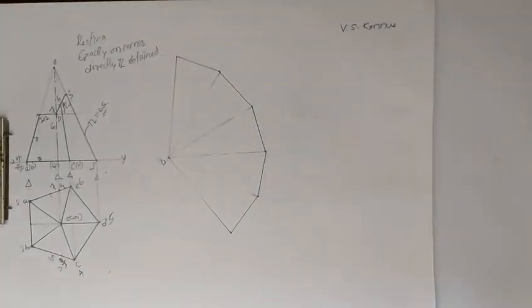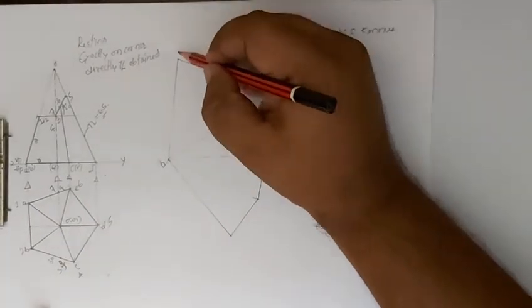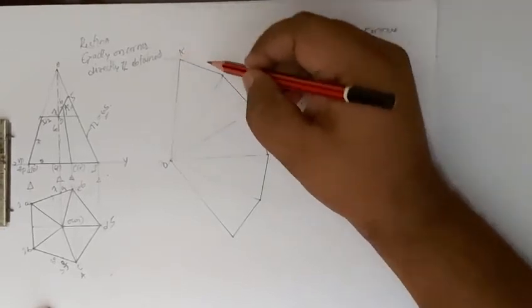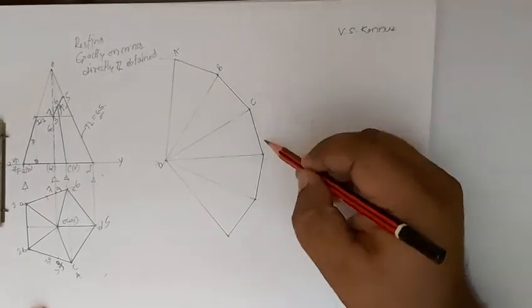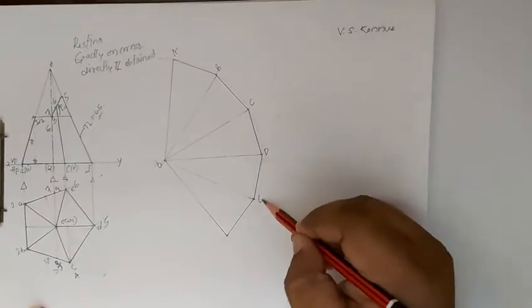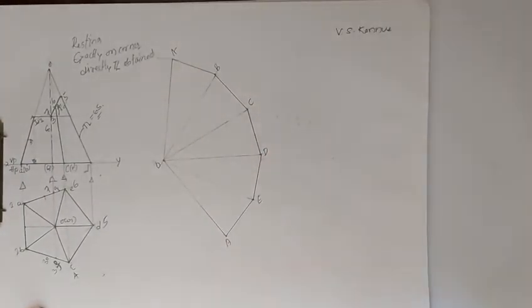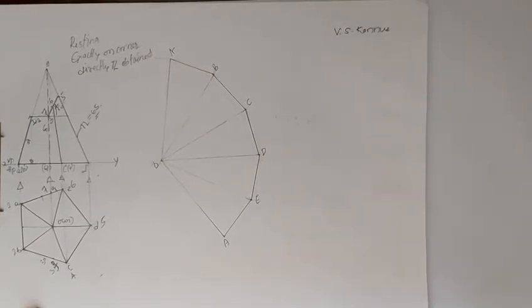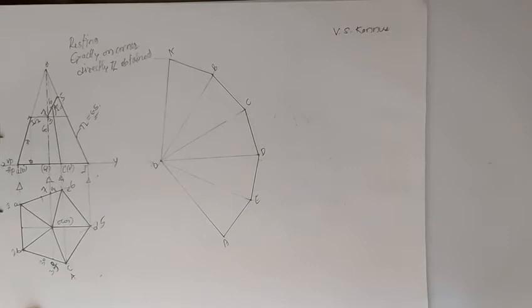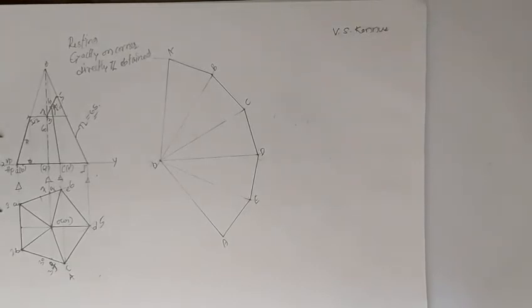Now we'll name this. These points are called A, B, C, D, E, back to A. And one more: we will take the distances where G and F are in between.